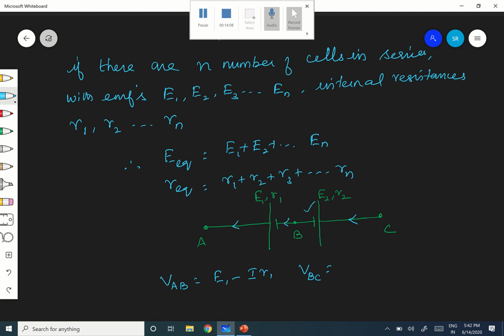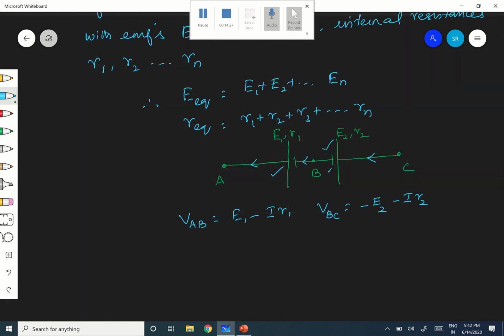The current is drawn from the positive of the first cell, but here the current is drawn from the negative. Therefore, the EMF in this case is negative, minus E2, then minus IR2. Are you following?